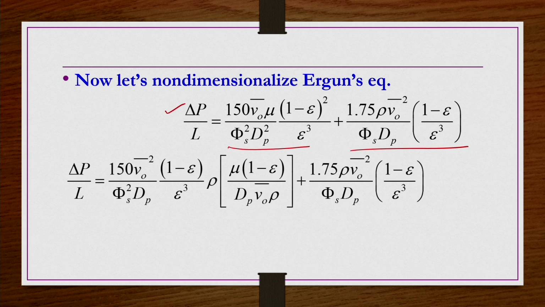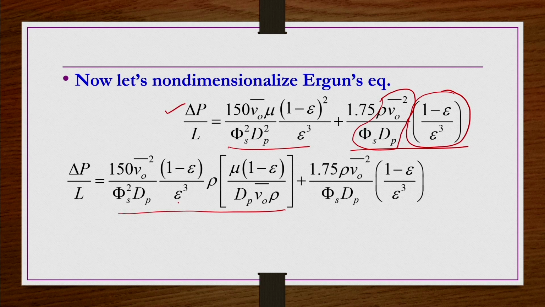Rather than rearranging, what we do is take the first term and arrange it such that this rho V naught bar square by phi s dP and then 1 minus epsilon divided by epsilon cube, this we keep here in the right hand side also.